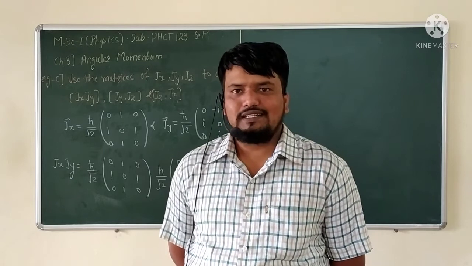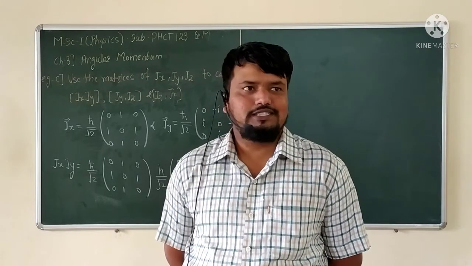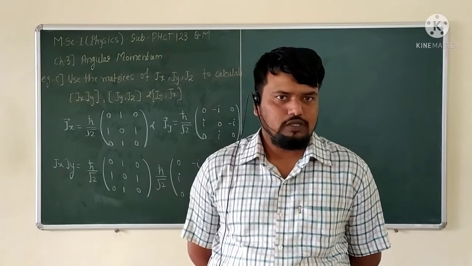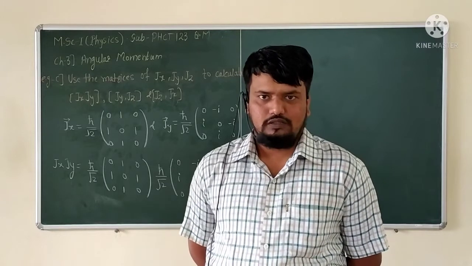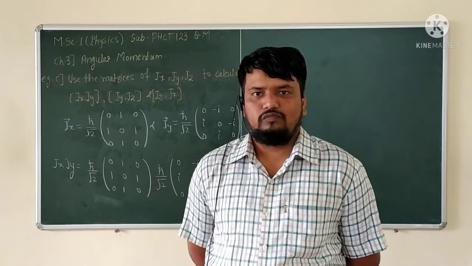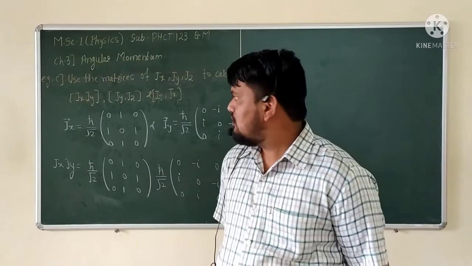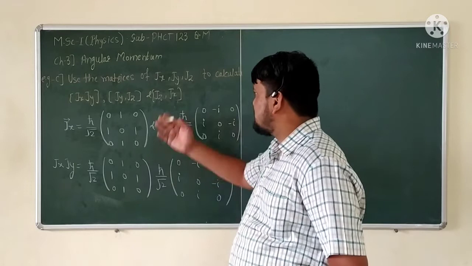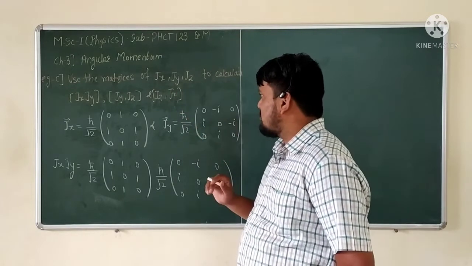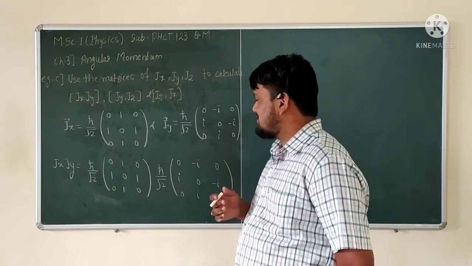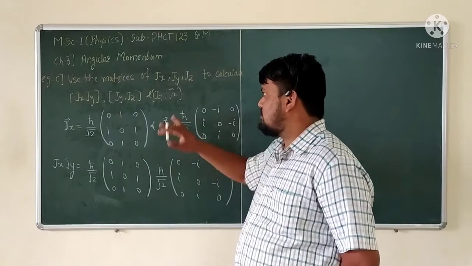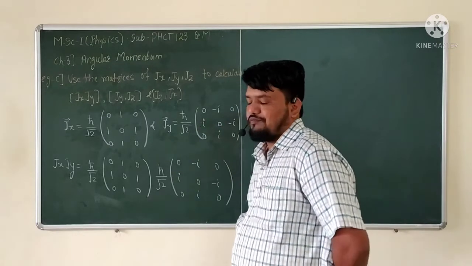Using these Jx and Jy operators, we want to calculate the matrix representation of the commutator bracket of Jx, Jy, or, using the matrices of Jx, Jy, Jz, we want to show this commutator relation.